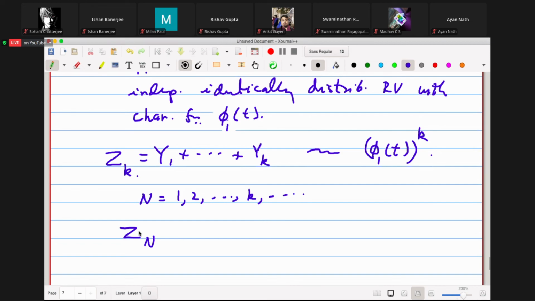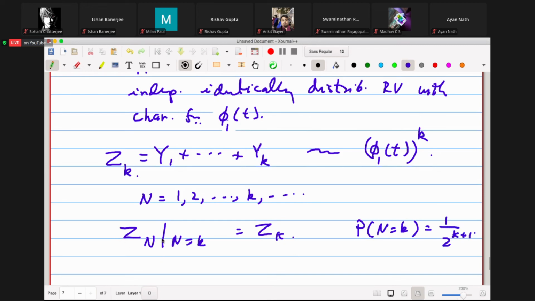Then what is the distribution for this one? What is the random variable? Given n equals k, this is exactly zk. But probability of n equals k is 1 by 2 power k plus 1.